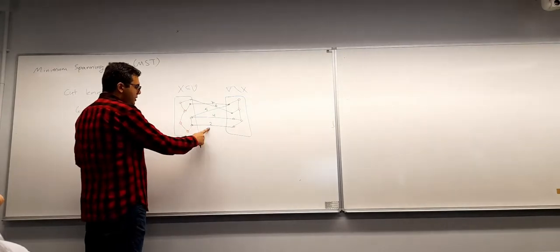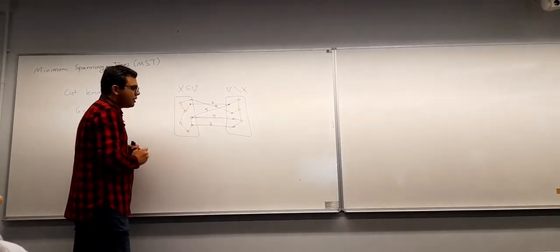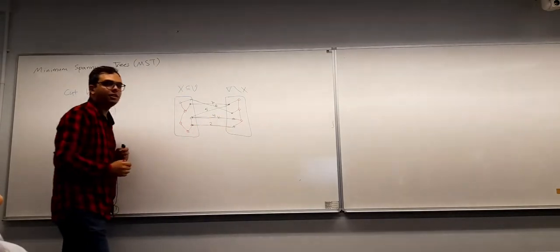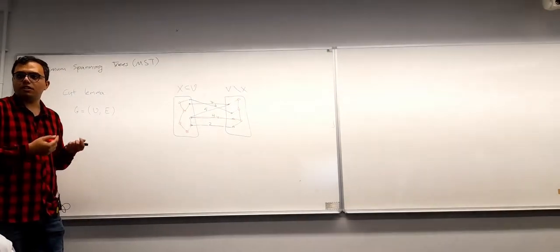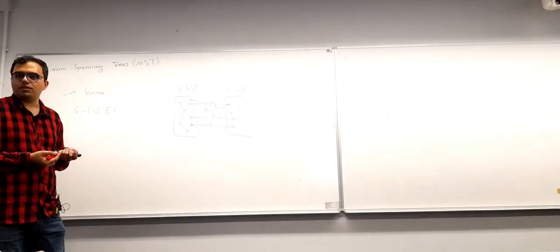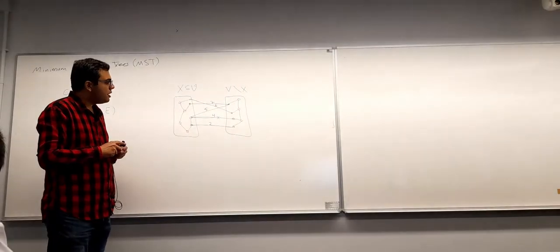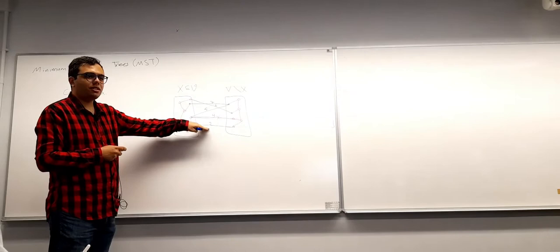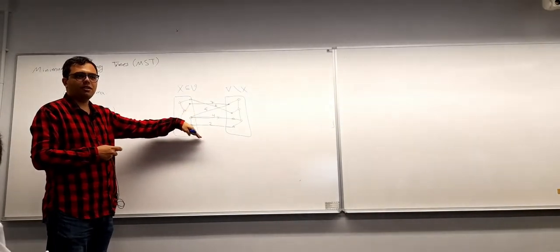Let's say that it wasn't the minimum edge. Let's say it was this edge. So what I can do is remove that one and add the minimum edge, right? And this decreases the total weight of my spanning tree. So this shows that either it wasn't a minimum spanning tree, or there are cases where more than one edge has the minimum weight here, and then you can pick which one you want to have in there.